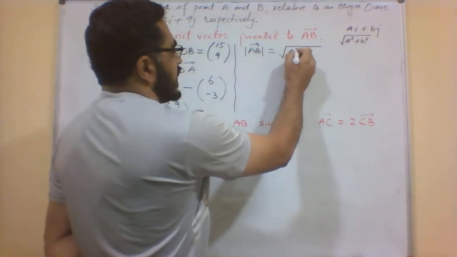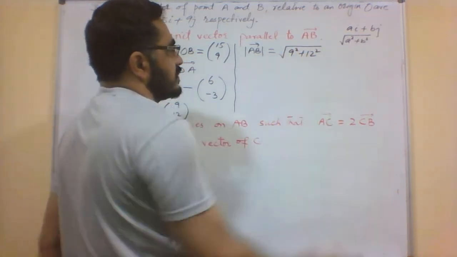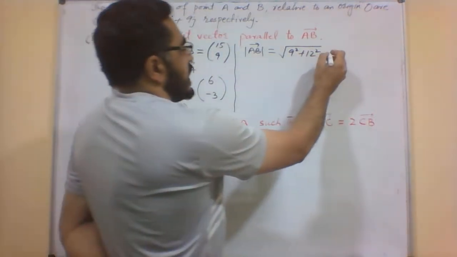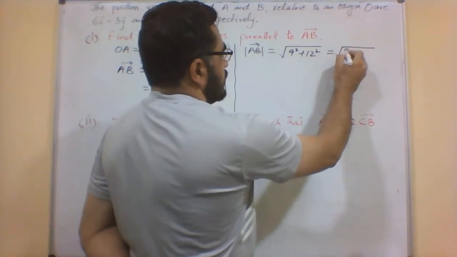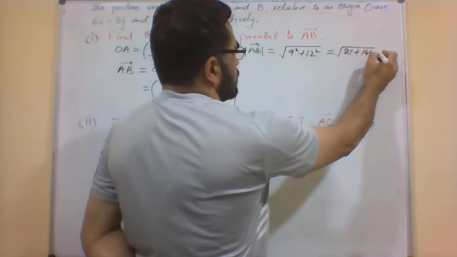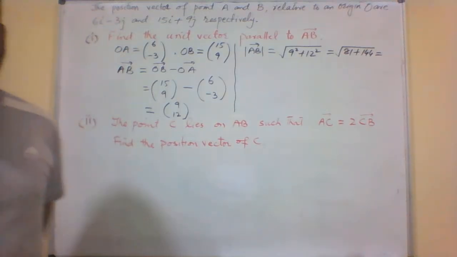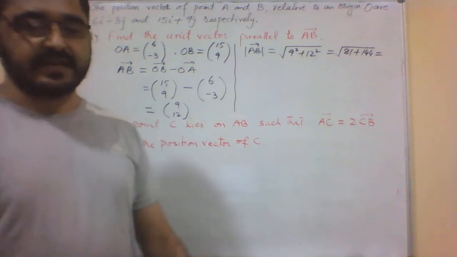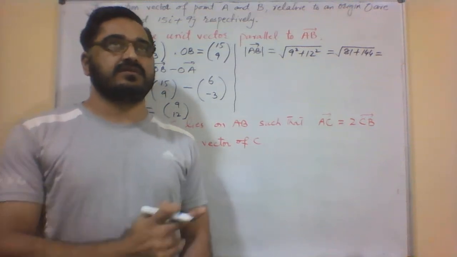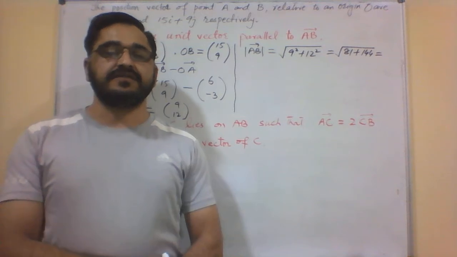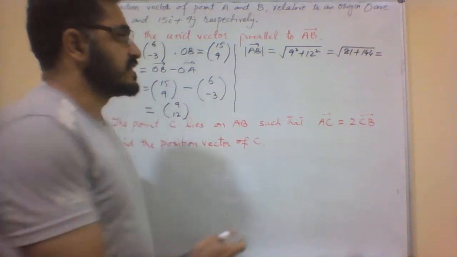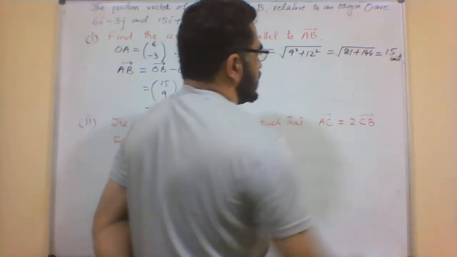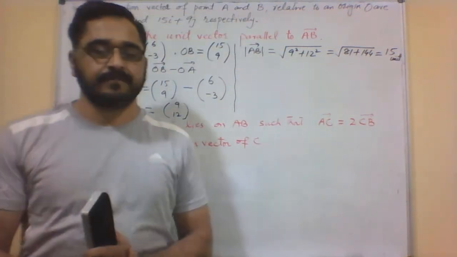So 9 square plus 12 square: 9 square is 81, plus 12 square is 144. 81 plus 144 is 225, and you know 15 square is 225. Outside the square root, the magnitude is 15 units.